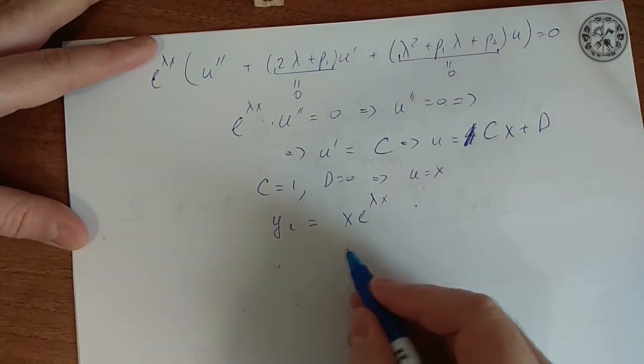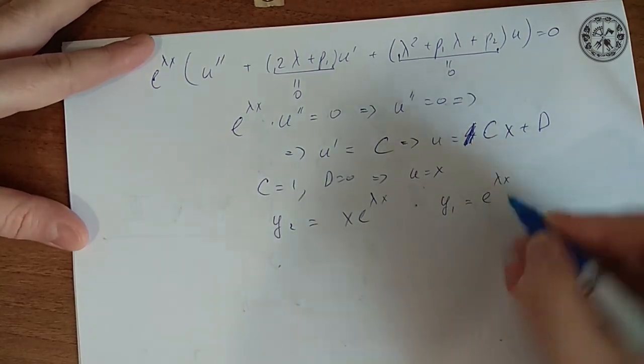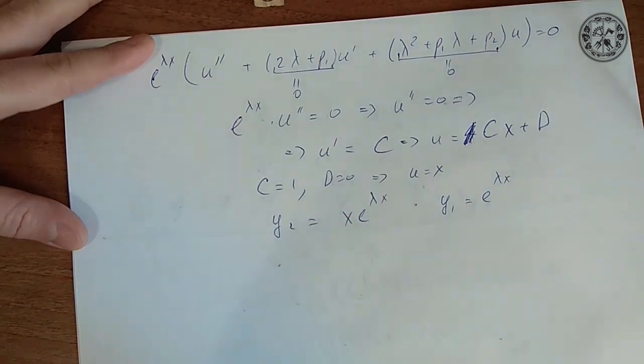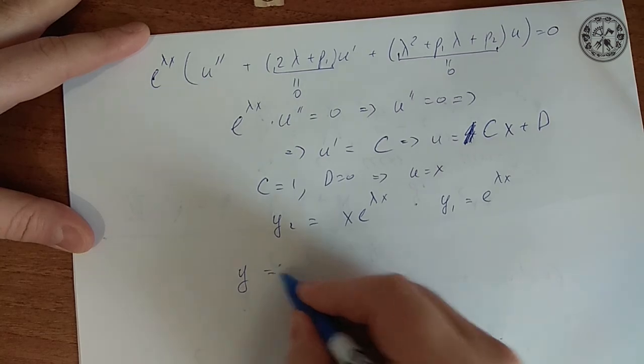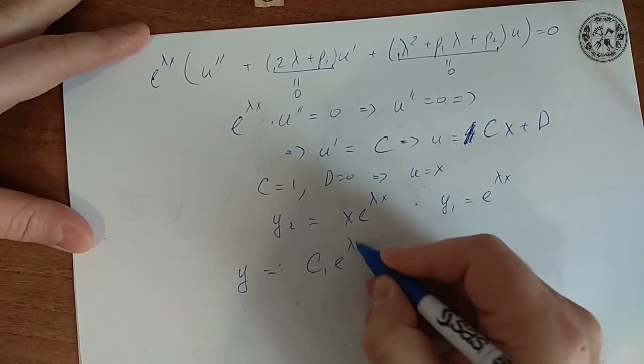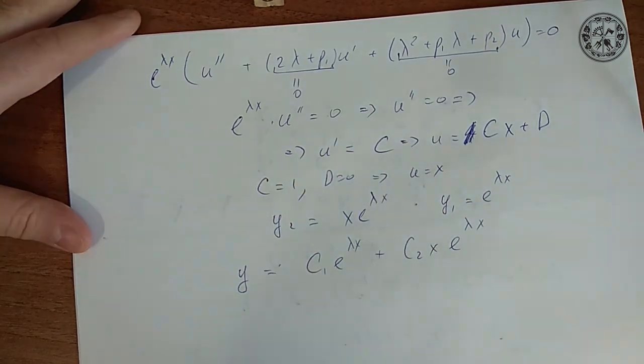So we have two solutions, y1 equals e^(lambda x) and y2 equals x e^(lambda x). The general solution of the initial equation will be c1 e^(lambda x) plus c2 x e^(lambda x). Let us consider some examples.